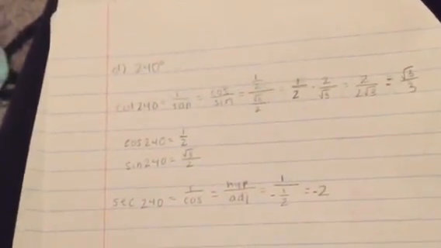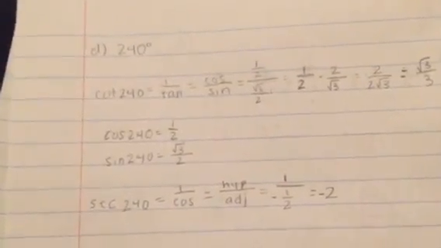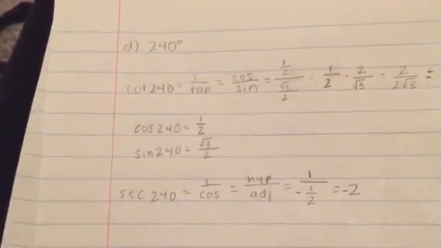Lastly, letter D, I chose 240 degrees. And to find cotangent, you would do cosine over sine, or 1 over tangent, because it's going to be the opposite of tangent. So 240 degrees, the reference angle is going to be 60, because 240 minus 180 is 60.